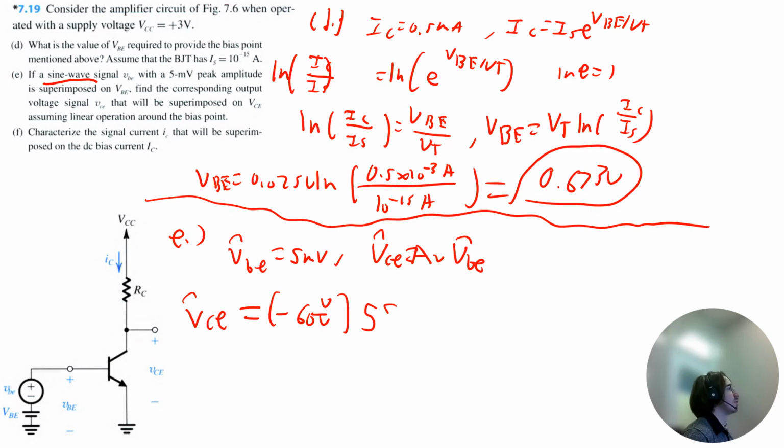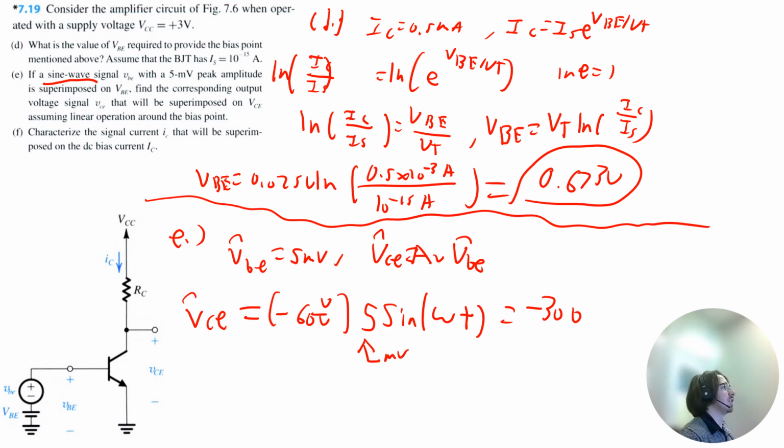So we're going to do sine of omega t to get negative 300. This should be millivolts. So it's going to be negative 300 sine omega t millivolts, which is also just equal to negative 0.3 sine omega t volts.